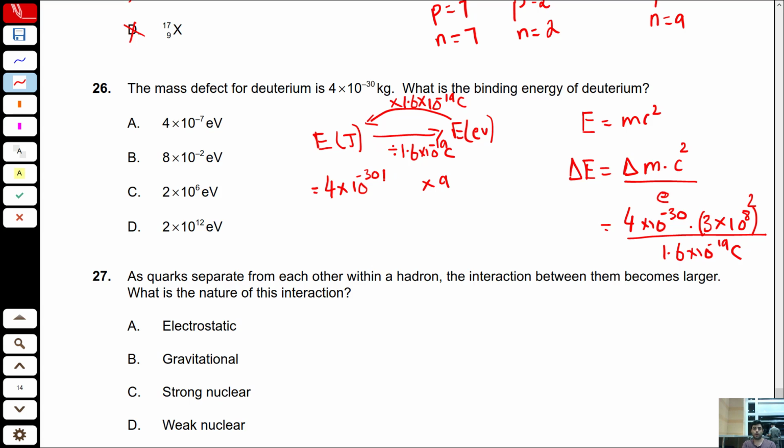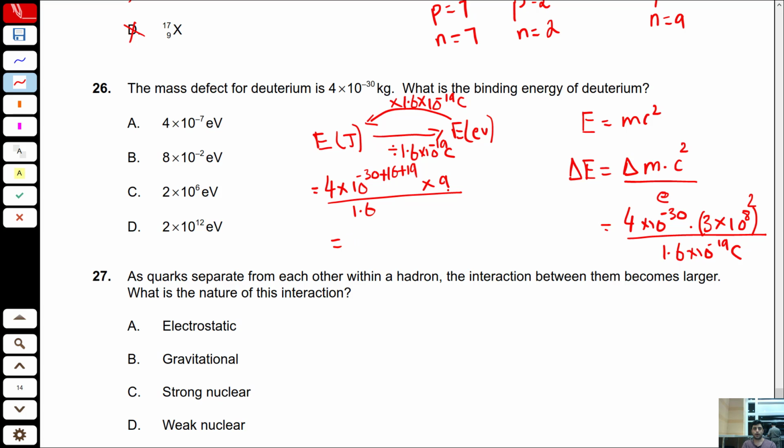We have to add up 16 here in the exponent. Then in the denominator, we have 10 to the power negative 19. When negative 19 goes upward, it becomes positive 19. So on the bottom, we are only left with 1.6. Let's simplify this a little bit.